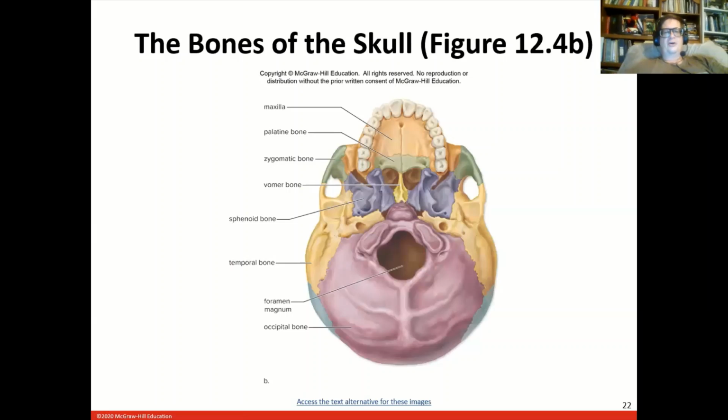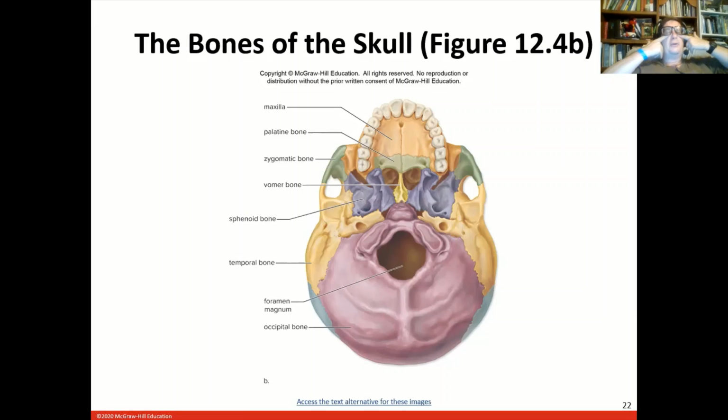All right, so your palate. When we talk about a palate, we're talking about the roof of the mouth, okay? The bones that separate the nasal cavity from the oral cavity. And the ones in the front are the maxilla, the ones behind those are the palatine bones. And they've got a hole there.